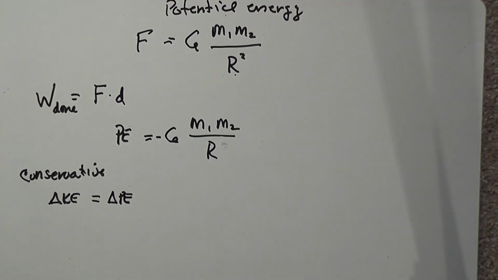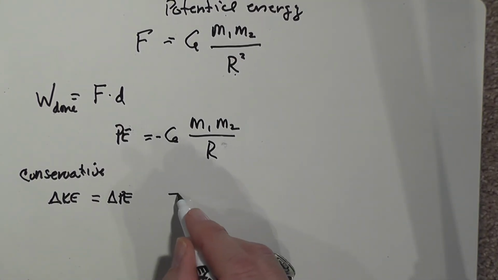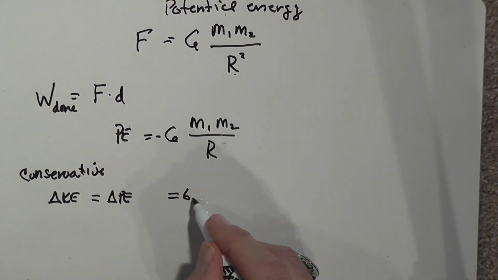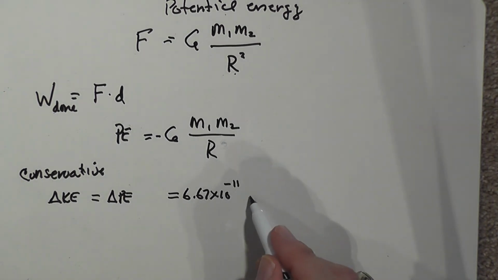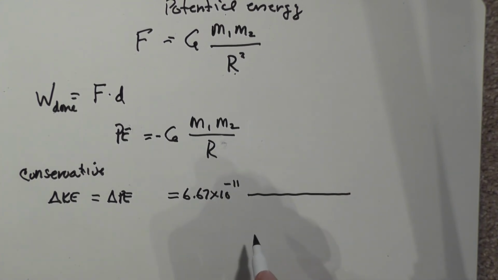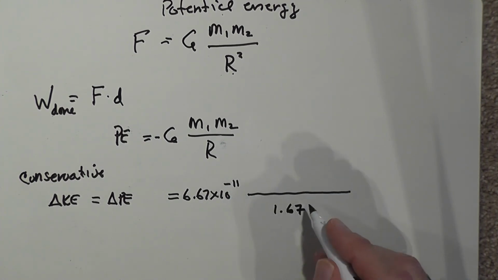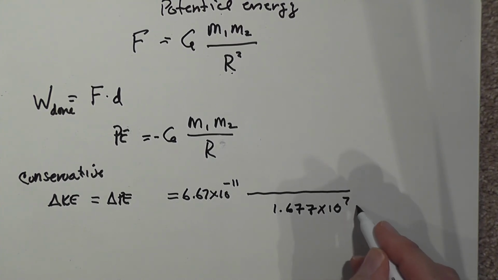Okay, so let's look at a problem where we have a satellite that has a potential energy. We'll use 6.67 times 10 to the negative 11, the universal gravitational constant. The distance of the satellite that we're looking at is 1.67 times 10 to the 7 meters.